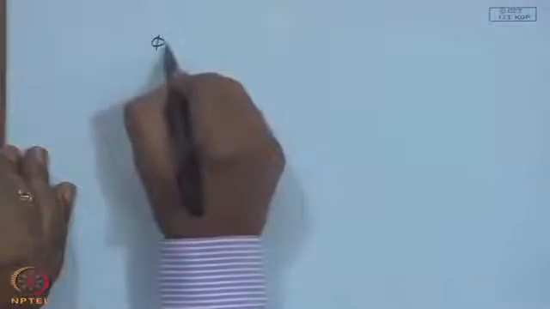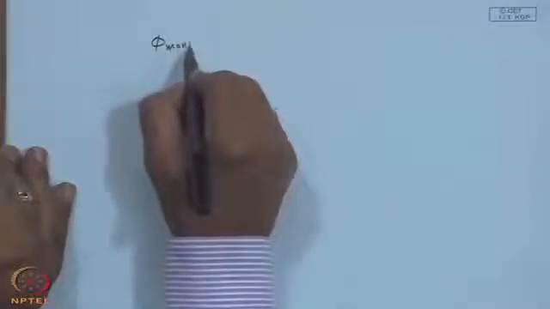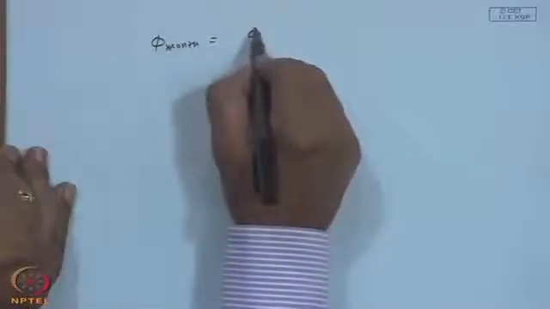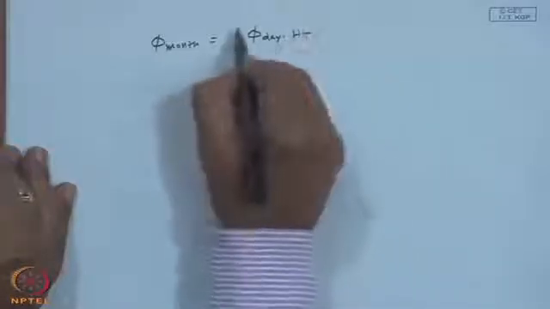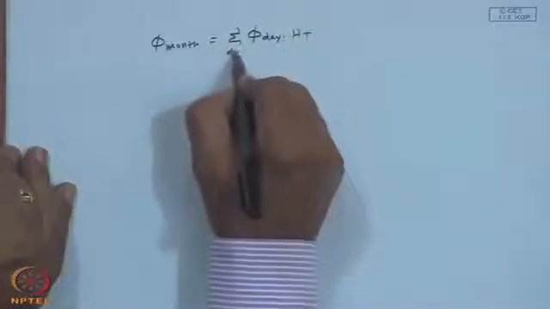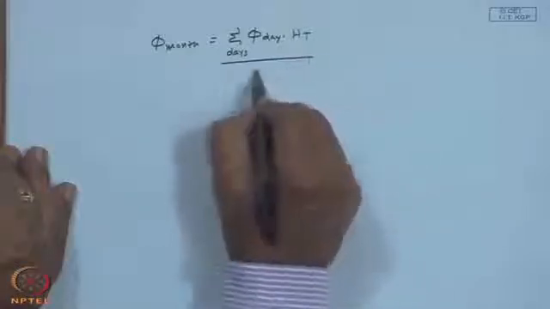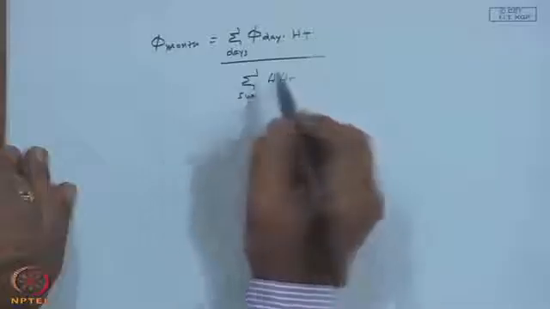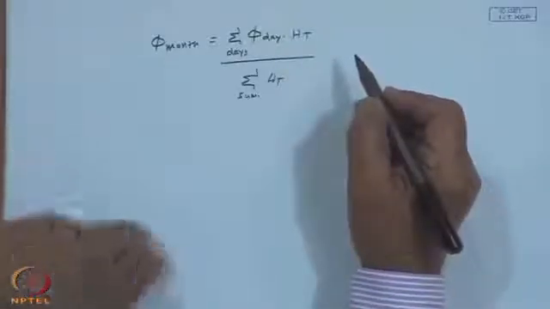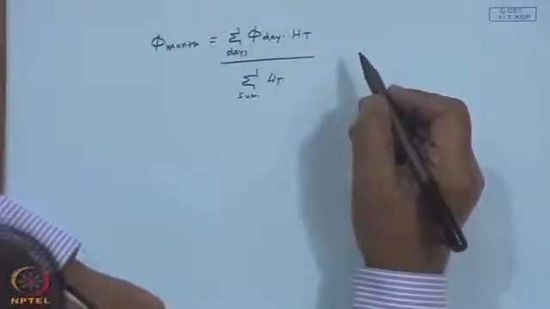So, this concept can be applied for a month. If you want it for a month, I can say that it is the sum over the days of the radiation above critical by the sum of H T. This is a little easier way of conceiving the definition of utilizability.